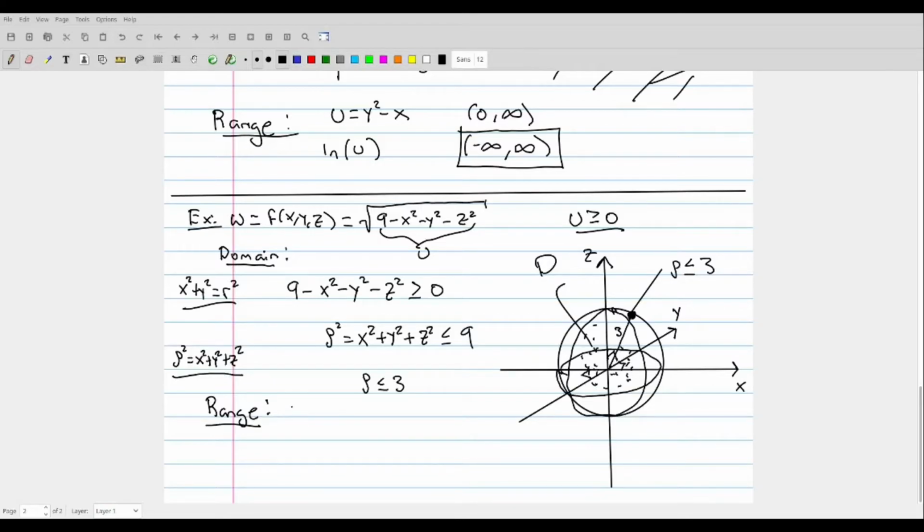So remember, we'll say u is this 9 minus x squared minus y squared minus z squared, and the function we're looking at is the square root of u. So what we want to do is figure out where u goes to and from when rho is less than or equal to 3. Rho is always positive as well, because it's the distance from the origin.